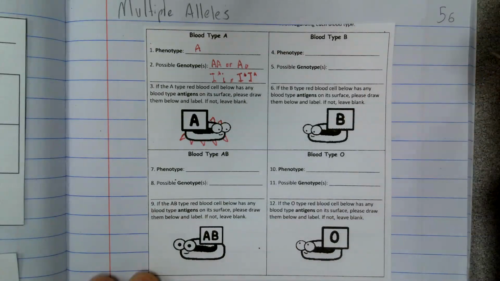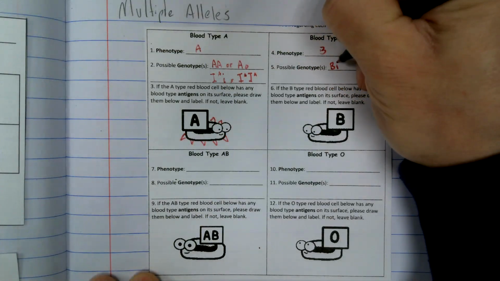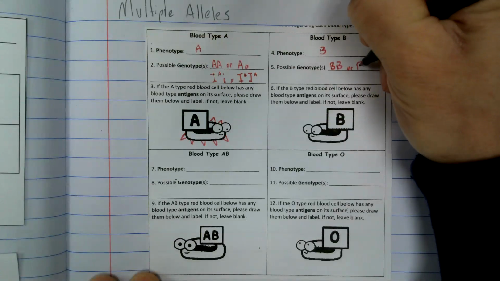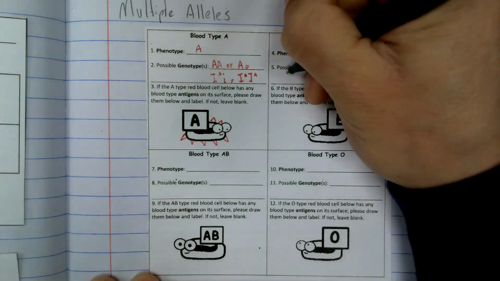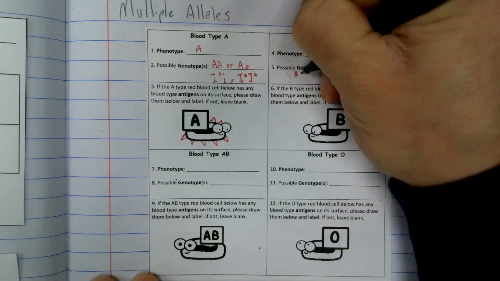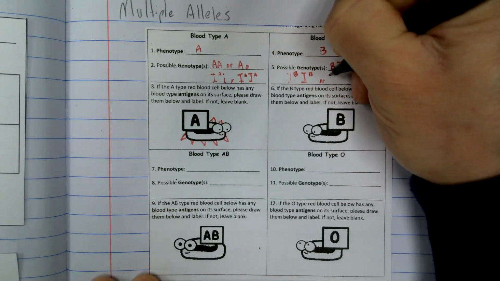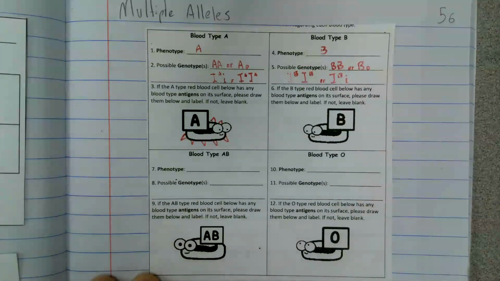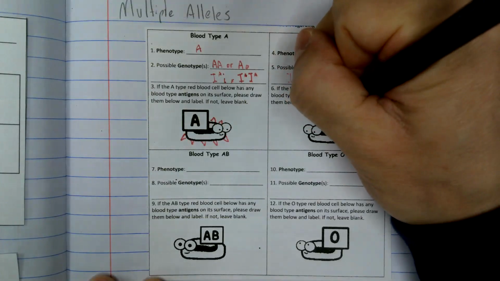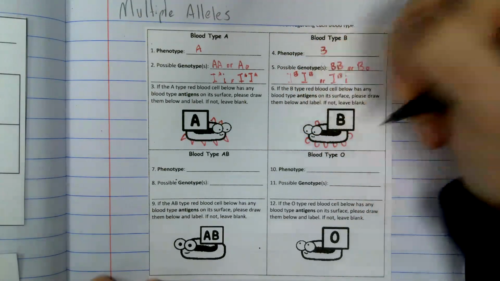So if I have type B blood, type B is my phenotype. Genotype, I could have 2 B's, or I could have just 1 B with the recessive O. If I have the I's, again, 2 type B alleles, or just the 1 with the type O, lowercase i is recessive, that's the type O. Type B gives you a different receptor signaler on the outside.